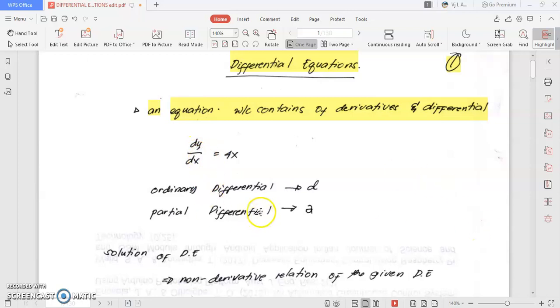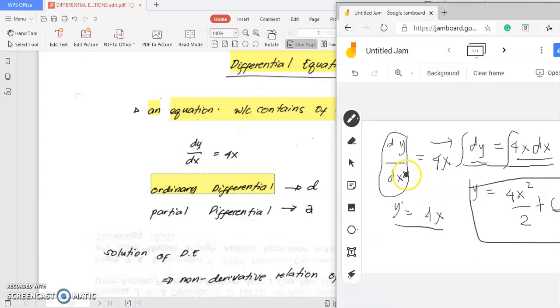So, as we go on also, we will have to know these terms. Ordinary differential equation. If your differential equation contains only d, these d's, then the differential equation that you are solving is just an ordinary differential equation.